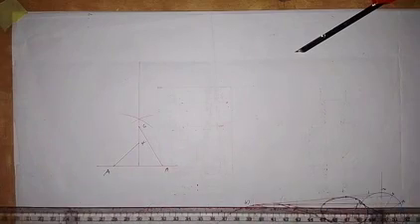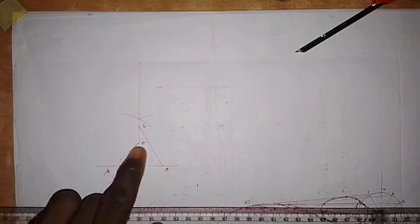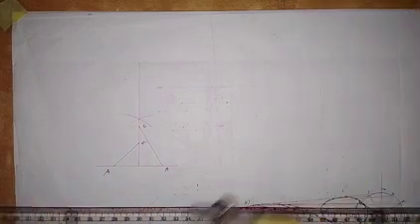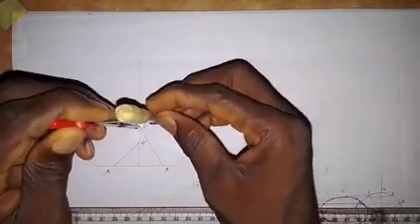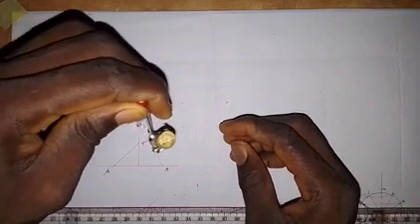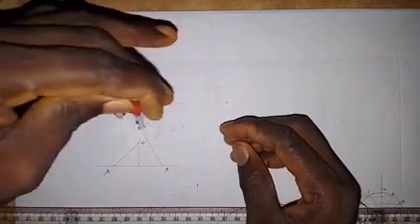Now we want to construct a seven-sided polygon, that is a heptagon. So we need to locate point 5 in between 4 and 6. What I need to do is bisect distance 4 and 6. So I will draw an arc here like this and draw an arc at the back here.